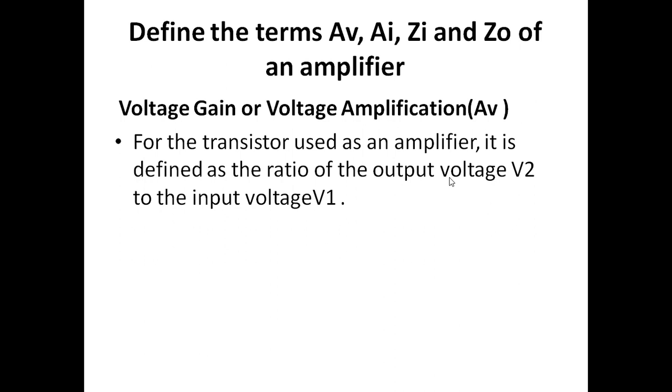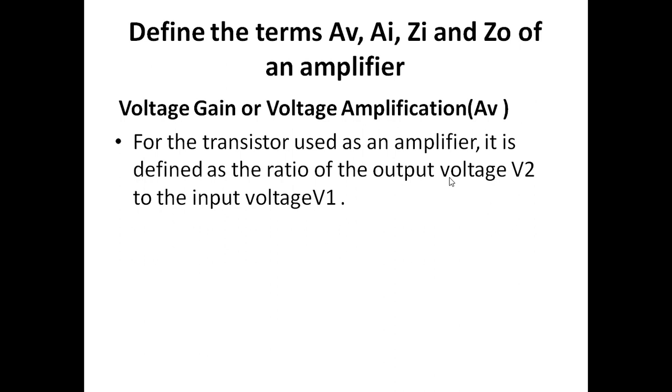If these two are high, then the output signal will be high, because the output signal is equal to the input signal multiplied by the gain, since gain is the ratio of output to input. If the gain is high, it will be multiplied with the input signal, therefore the output signal will also be high.